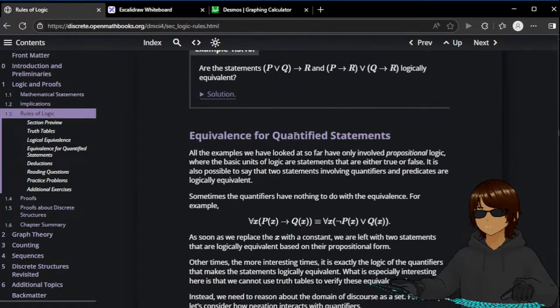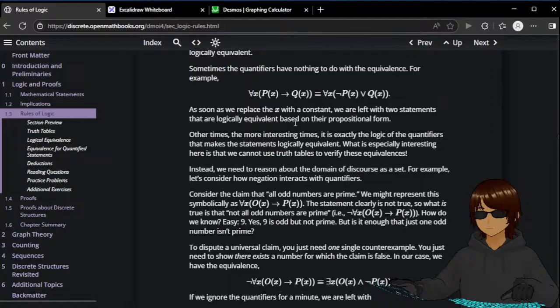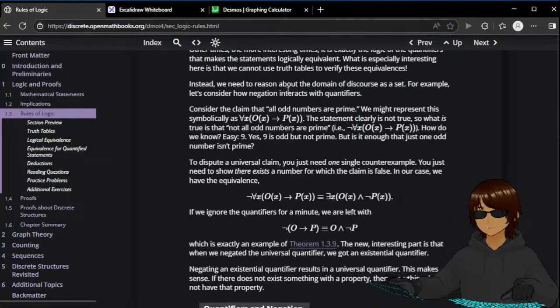Equivalence for quantified statements. Sometimes quantifiers have nothing to do with equivalence. For example, yeah, we can add for all on each side. To dispute a universal claim, you just need one single counterexample. You just need to show there exists a number for which the claim is false.